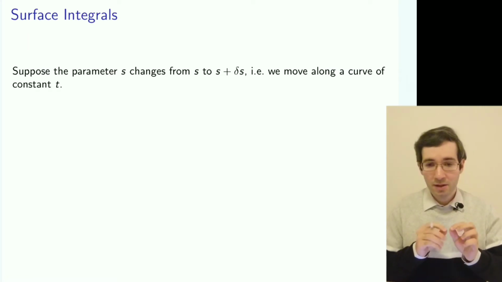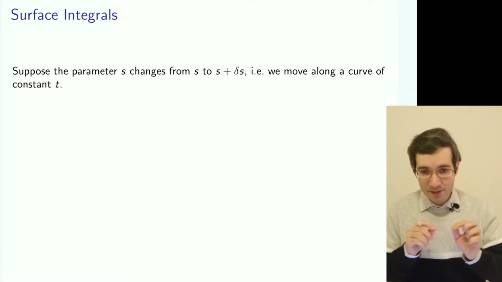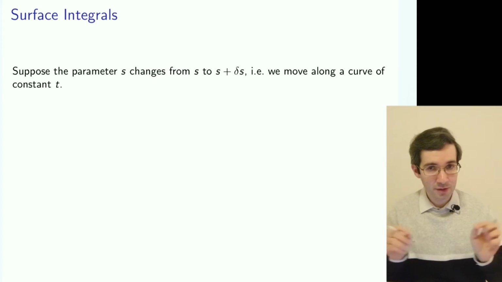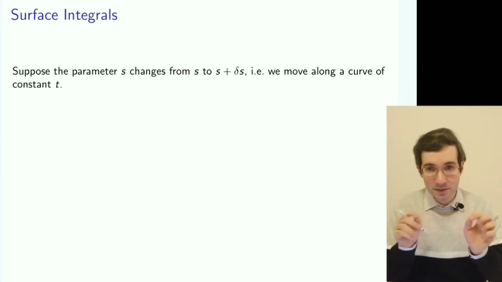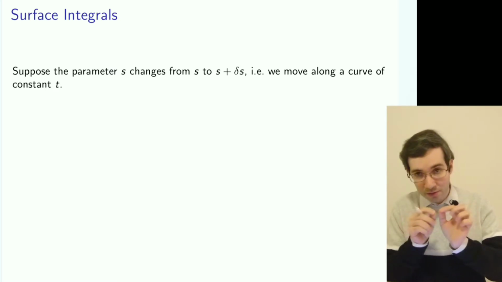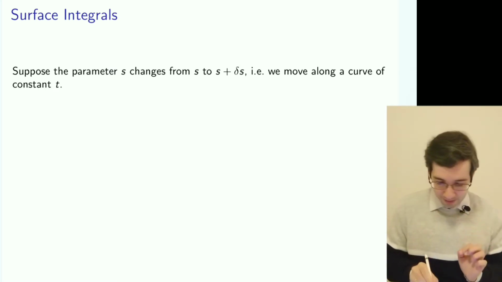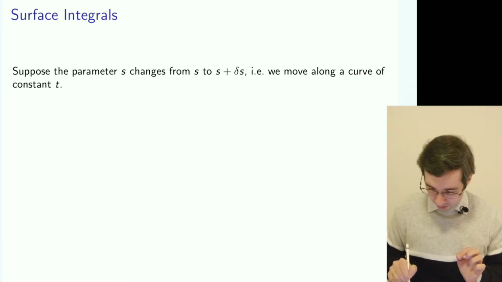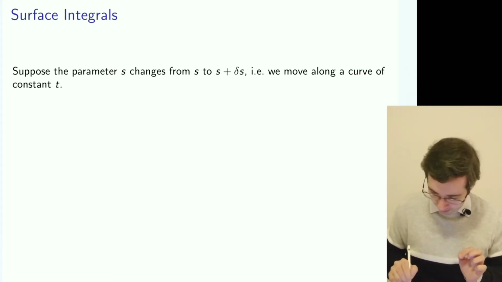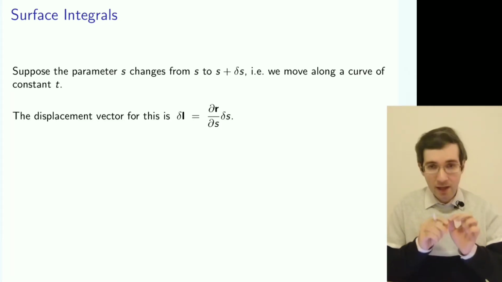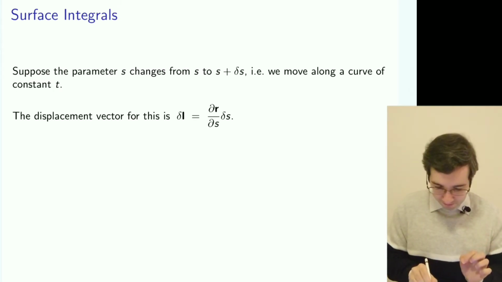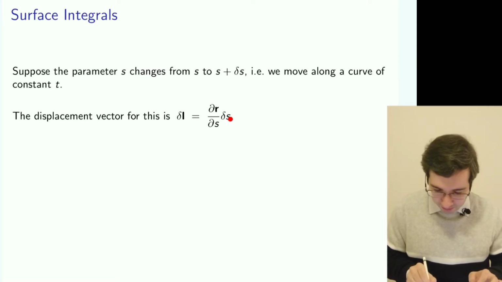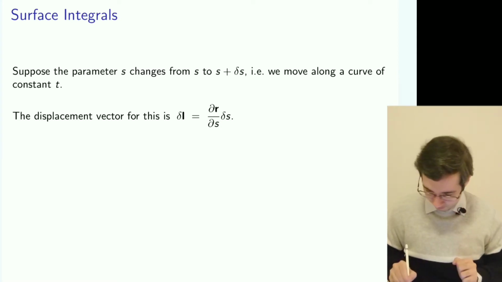And if we now try to fix one of the parameters and vary the other one, let's say we fix t and vary s a little bit, we move along a curve on that surface a little bit, and then we can define a small vector in which direction we moved, which will be the tangent times this little change.